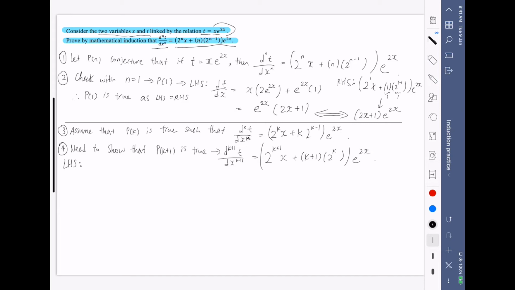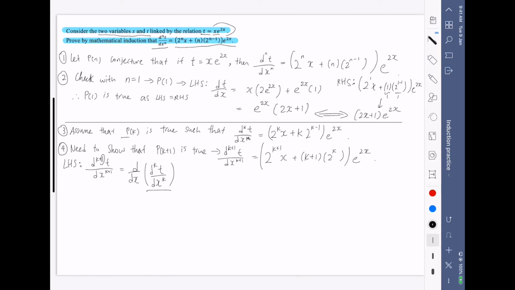Alright, so again, start with the left-hand side. If we start with the left-hand side, it's firstly d^(k+1) t over dx^(k+1). Now, this is the same as d/dx of d^k t over dx^k, because this is just the next derivative of the previous derivative function, which is given here.